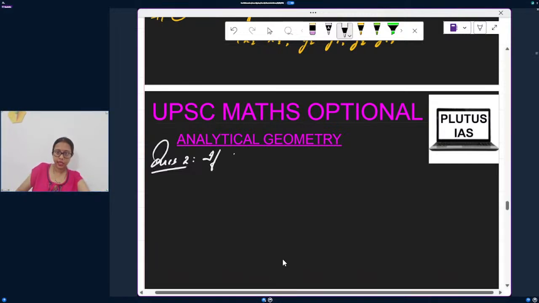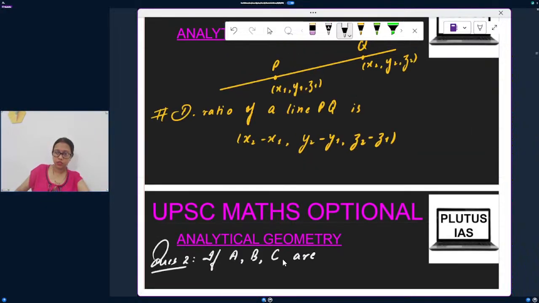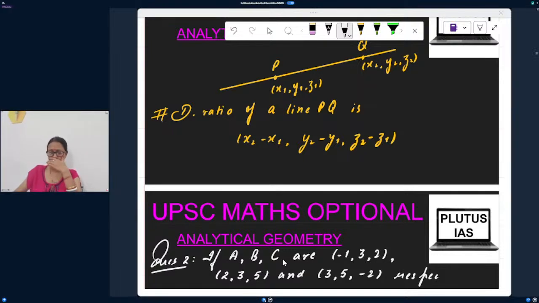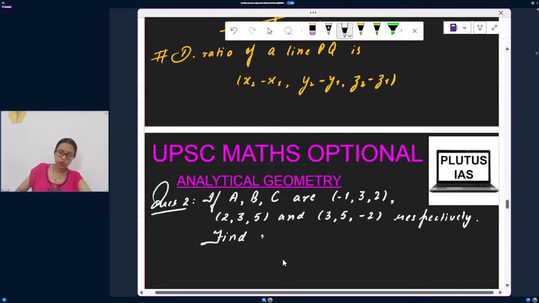If A, B, C are minus 1, 3, 2; 2, 3, 5; and 3, 5, minus 2 respectively, find all angles of triangle ABC.